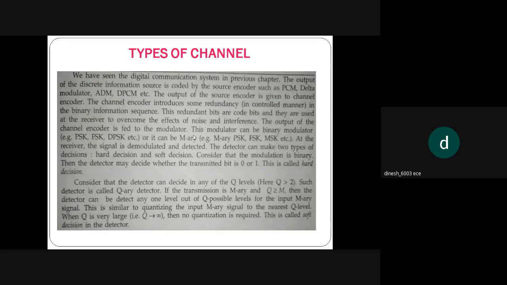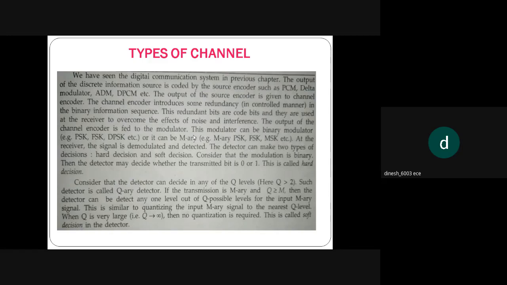The output of these was fed to modulator schemes, such as frequency shift keying, phase shift keying, differential phase shift keying, and many more, which we call in general binary modulators.